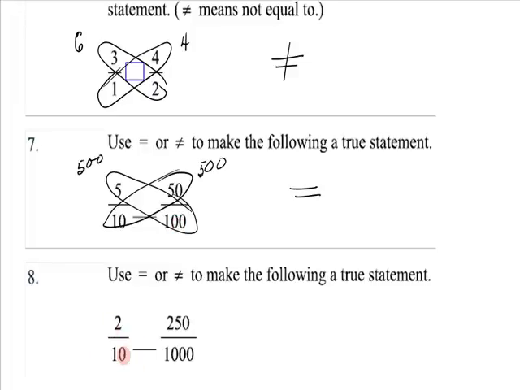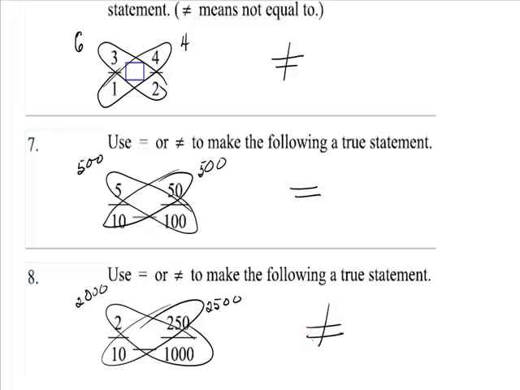Next, 2/10 compared to 25 over 1,000. Okay. This cross product, when you multiply by 10, you add a 0. When you multiply by 1,000, you add 3 zeros. And those are not the same. These are not equal to.